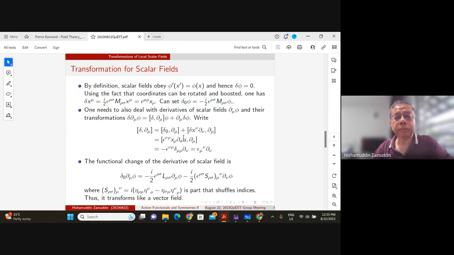So the only term that you need to be concerned with is this part. So you work out this commutator, and then you'll be able to get this answer, because you have the derivative here, and then you have your x here coming from that transformation there, and then you'll be able to write it in this particular form.